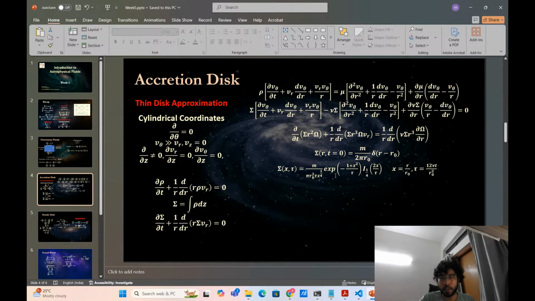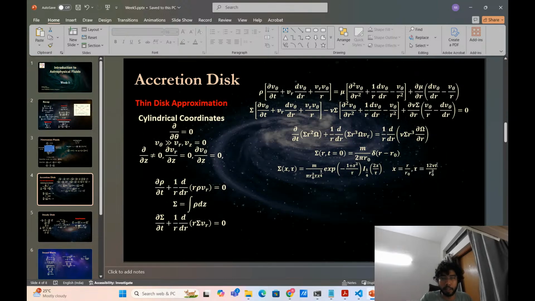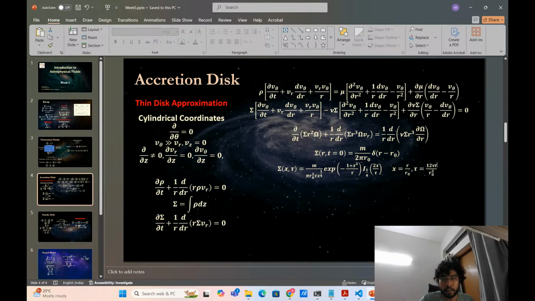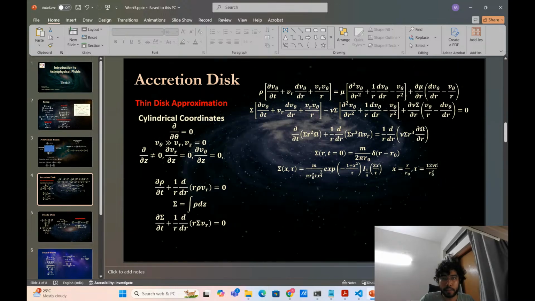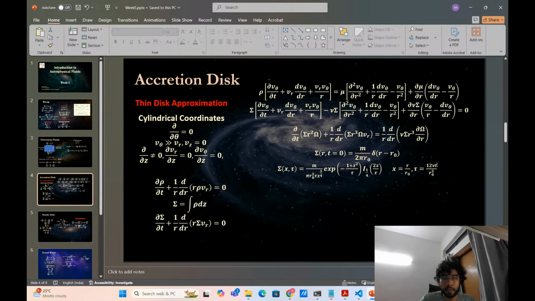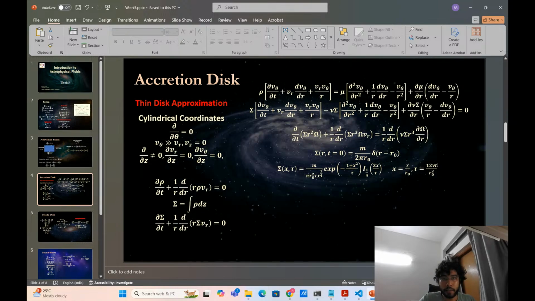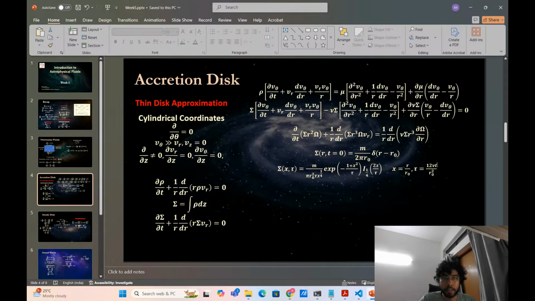Also, as time goes on, as t goes higher and higher, the matter spreads more and more and becomes a flat structure rather than the sharp one, which was at the start, right? So this is how viscosity plays a role in diffusing the matter and forming the disk in this kind of systems.